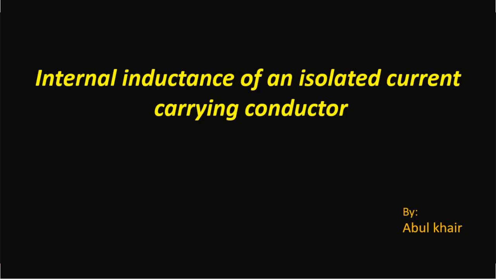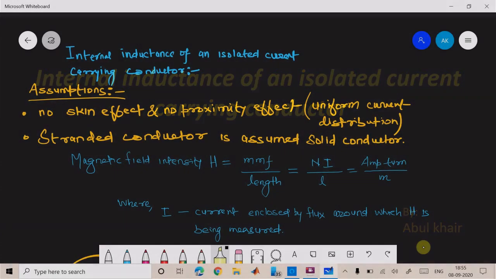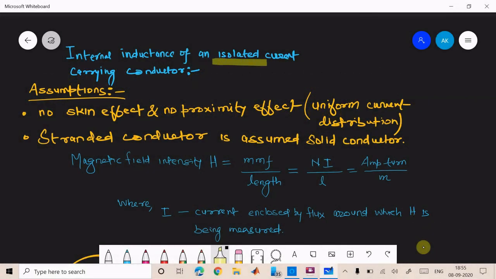Okay, today we will see internal inductance of an isolated current carrying conductor. So, what is the meaning of this isolated current carrying conductor?